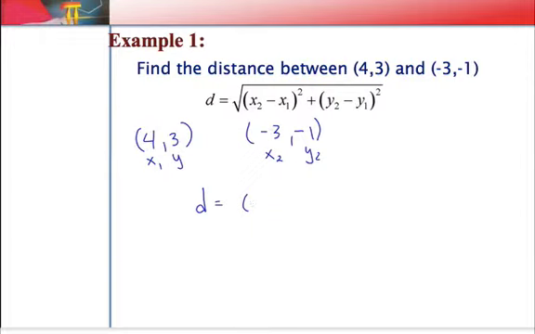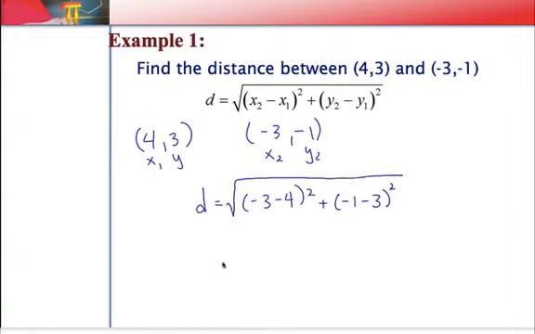So x2 is negative 3, and then I'm subtracting 4 and squaring it, plus y2 minus y1 squared, so that would be negative 1 is y2, minus 3, which was y1, and then we're squaring that, and then I need to take the square root of all of that.